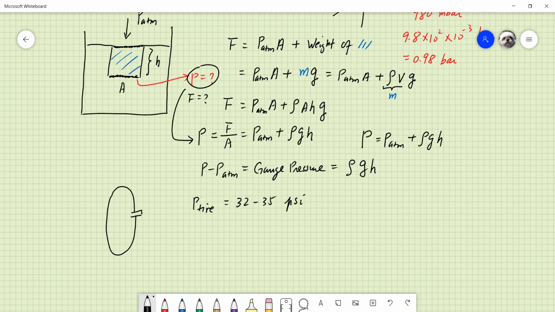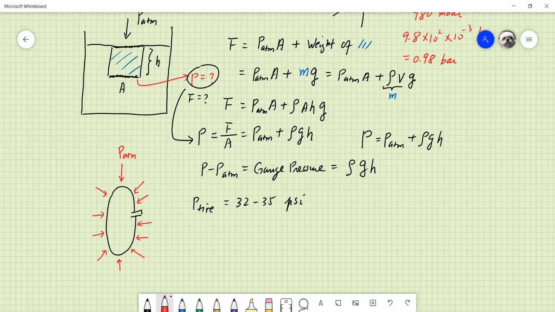So the meaning of that is the following. Let's say that your tire is sitting exposed in the air. At any point, the tire will experience the pressure from the atmosphere. So that will be PATM.